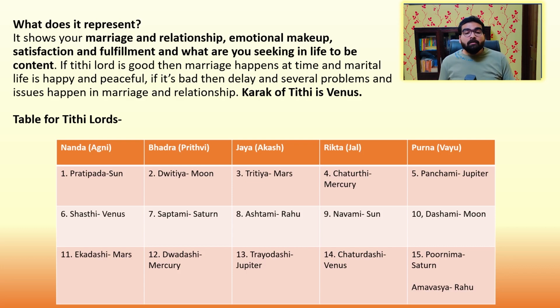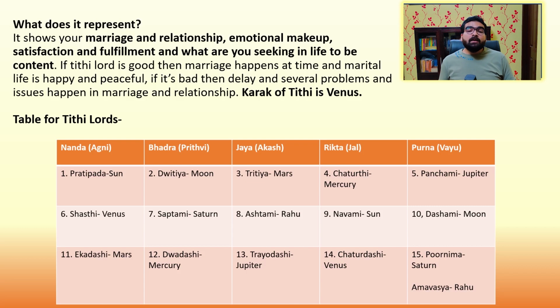So this is how the Tithi Lords are calculated, and they are categorized into various elemental natures also. As you can see, Agni, Prithvi, Akash, Jal and Vayu. The nature of Agni will be prominent in Pratipada, Sashti and Ekadashi, and Prithvi, Akash, Jal and Vayu are respectively shown here.